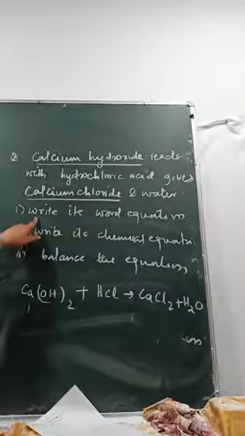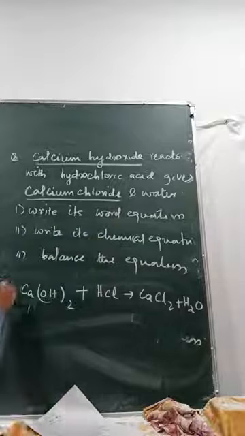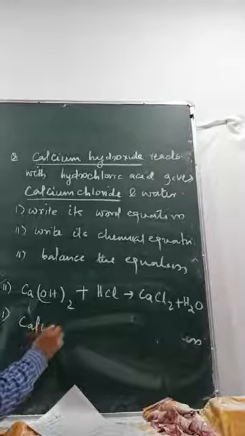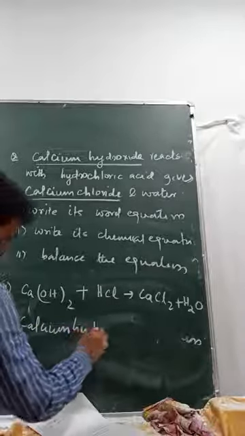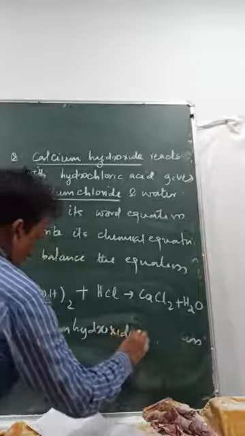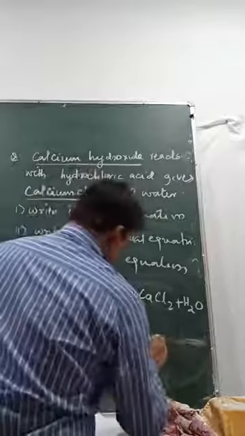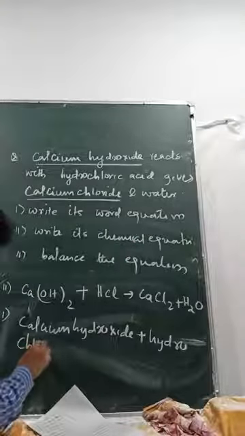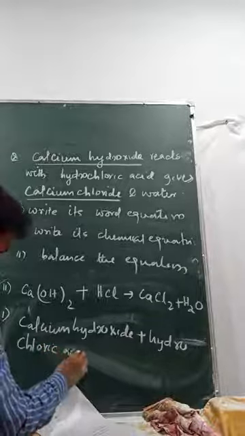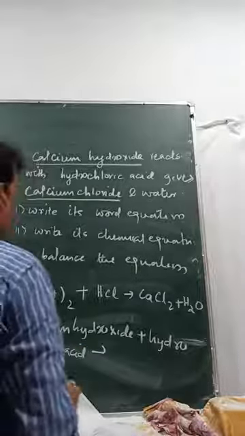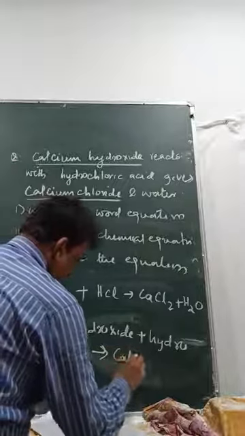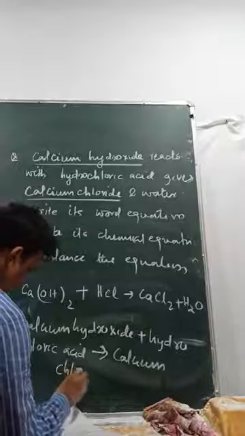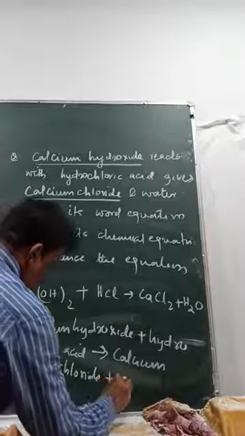You could have written the word equation first. That is your first line: calcium hydroxide plus hydrochloric acid gives you calcium chloride plus water.